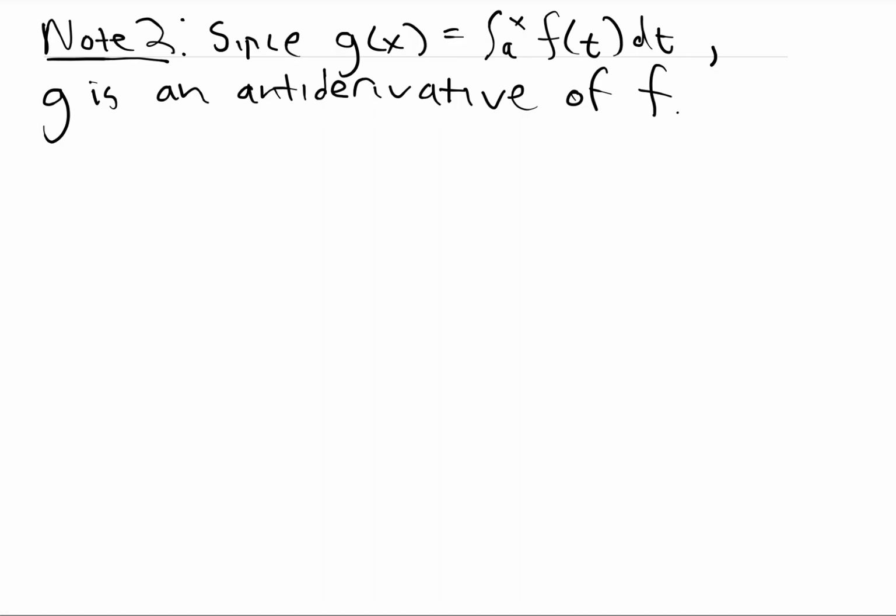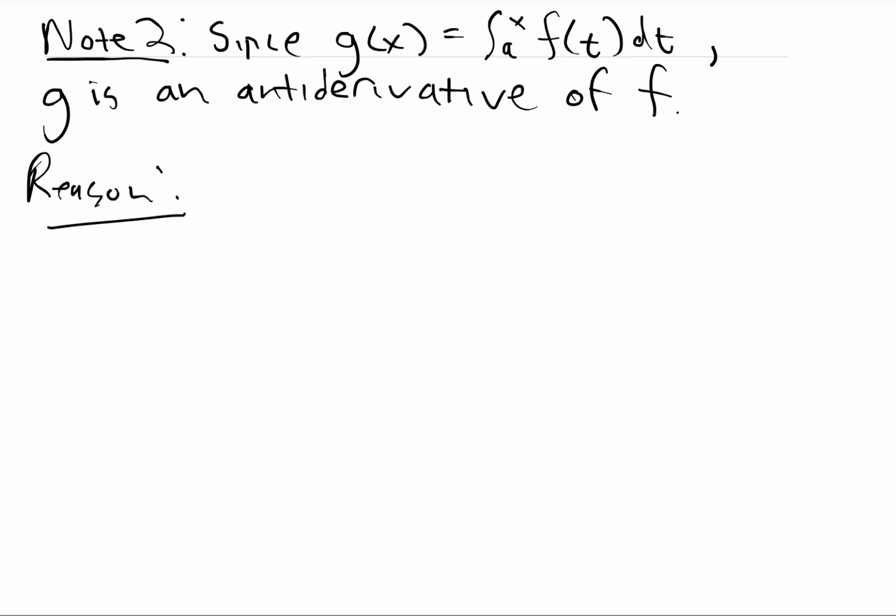Now, since g is this area so far function, and we have the fundamental theorem of calculus 1, we can note that a way that we could think about getting to g is that it is some sort of antiderivative of f. Now, why?